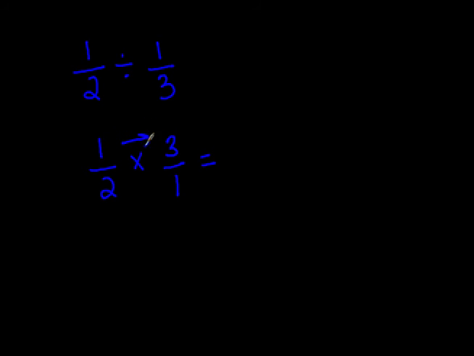Straight across. 1 times 3 is 3. 2 times 1 is 2. And then simplify. 2 goes into 3 one time, and 1 is going to be left over. So that means that I can fit 1 and 1/2 1/3 size pieces into a 1/2 size pie piece.